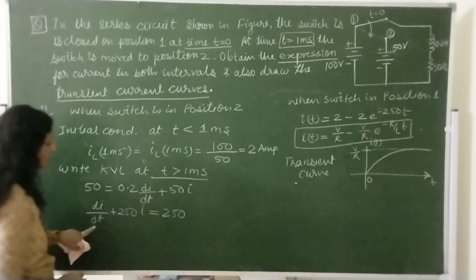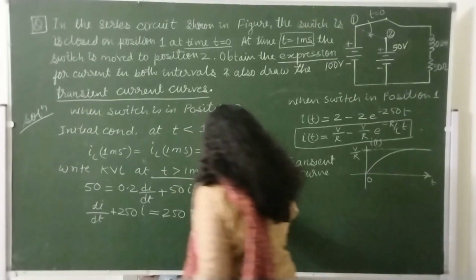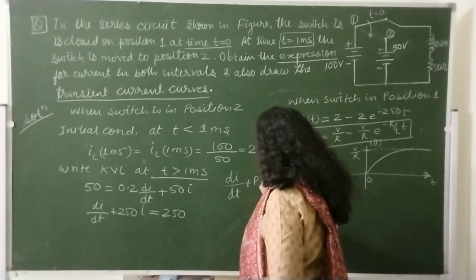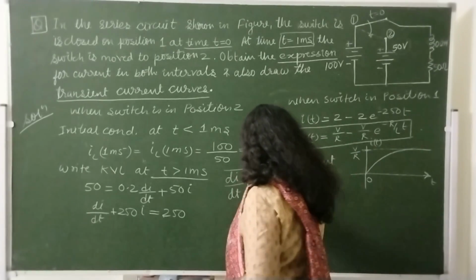Okay, this is again in the standard format of a differential equation, di by dt plus pi is equal to q.